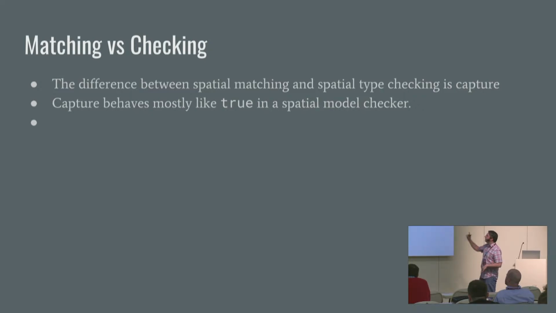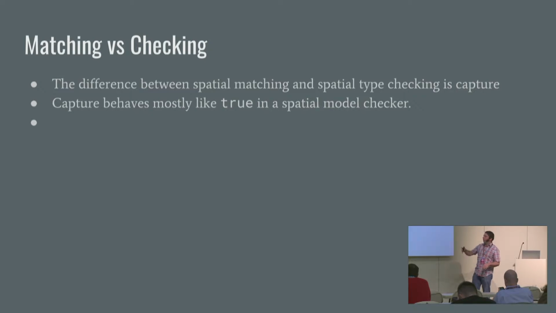All right. Okay, so what's the difference between spatial type checking and spatial matching? The difference is capture. So if you have no capture variables, you're just spatial checking against a type. Capture behaves mostly like a wildcard or true in a spatial type checker.